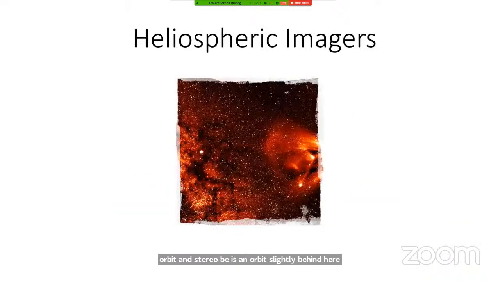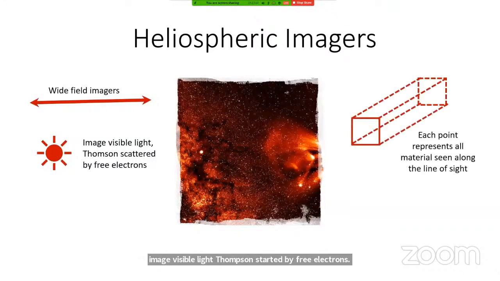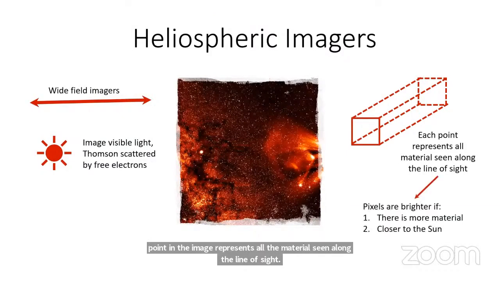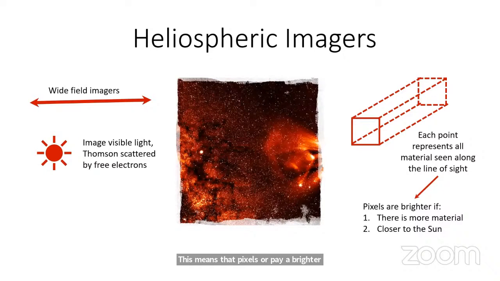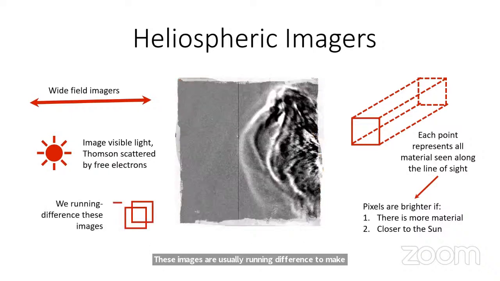Heliospheric imagers have a very wide field of view. These image visible light Thomson scattered by free electrons. Each point in the image represents all the material seen along the line of sight. This means that pixels appear brighter if there is more material in the line of sight, or if the material is closer to the Sun. These images are usually running difference to make the CME structure appear clearer.